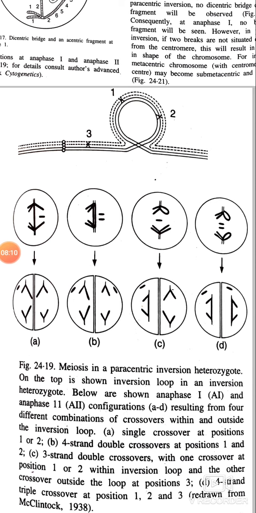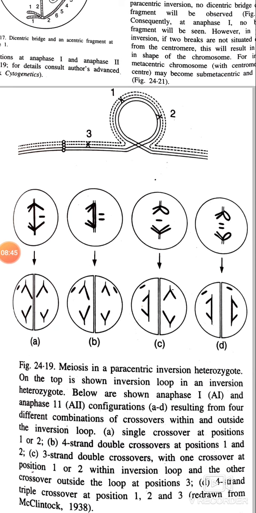Anaphase first and anaphase second configurations are shown in diagrams A to D, resulting from four different combinations of crossover within and outside the inversion loop. First, a single crossing over at position 1 or 2. In diagram B, a 4 strand double crossover at positions 1 and 2.